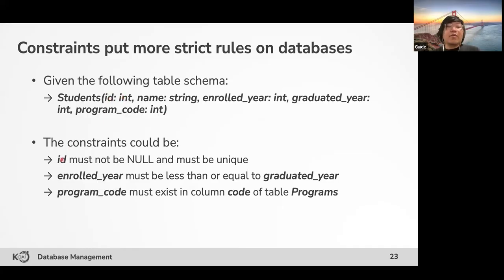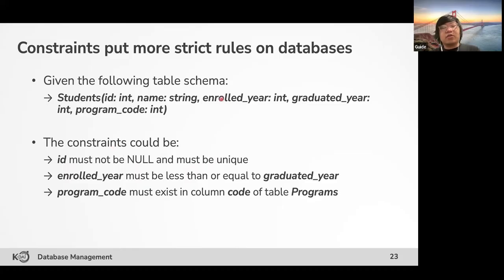So you may want to dictate that ID must not be null. Null means an empty value, not zero. Also, students shouldn't have the same IDs. Two students shouldn't have the same ID. So another rule would be that ID must be unique. You must not have two IDs that are the same.